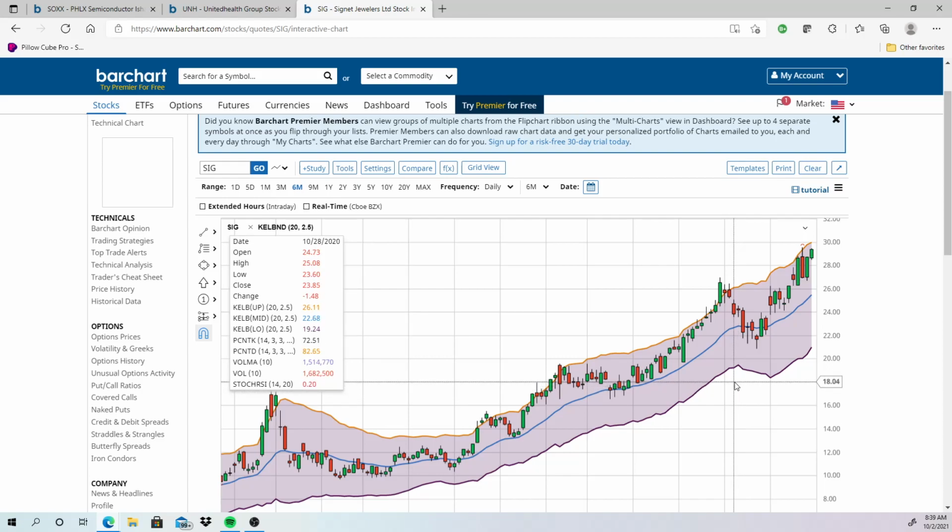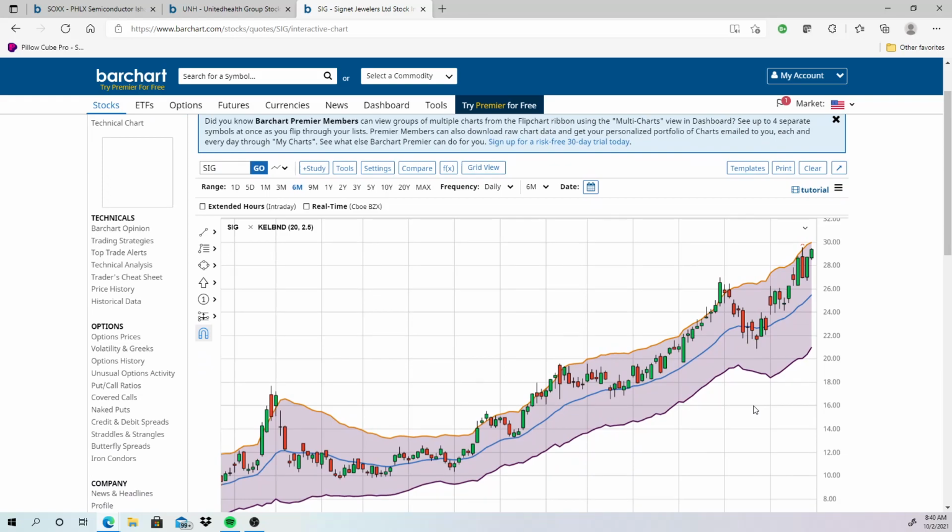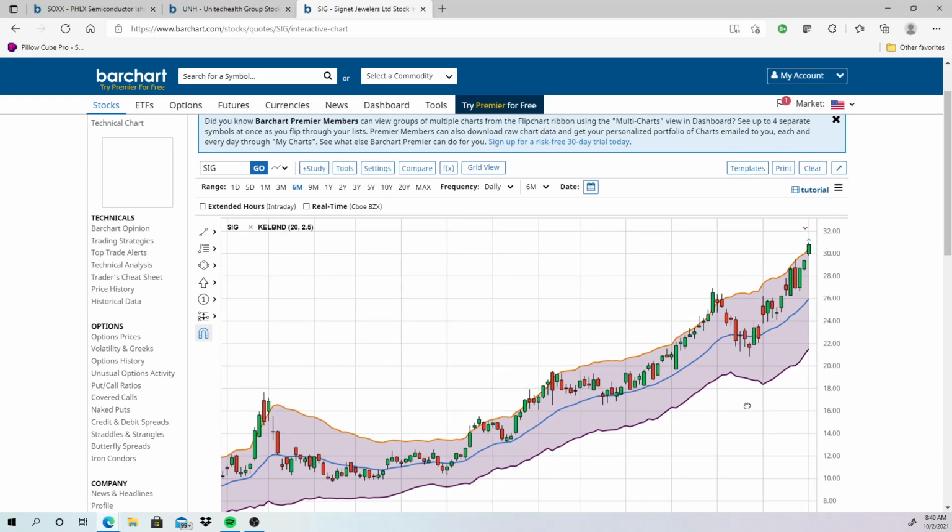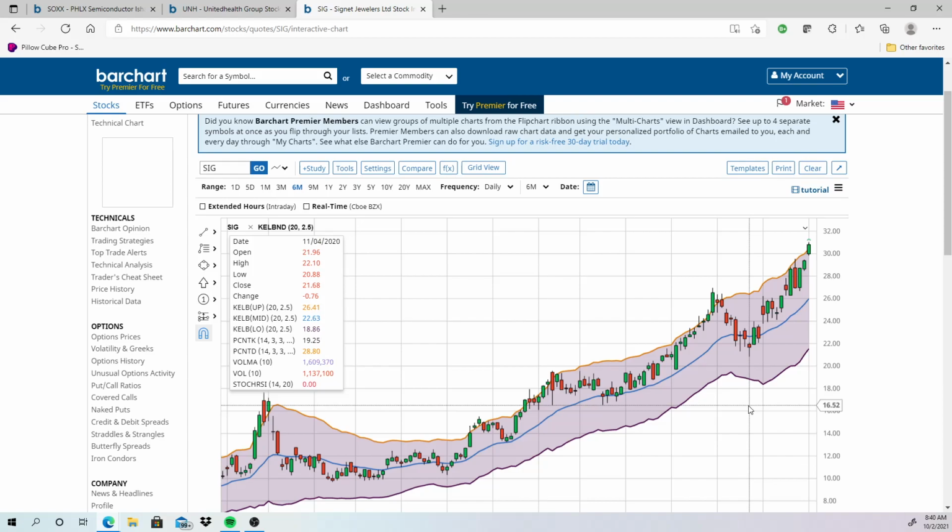If you've tripled your money, I wouldn't sell right now, but I would definitely tighten my stops. I don't want to give a lot of those gains away. 300%, whatever. That's a solid profit. And so yeah, we're breaking above the 30. So if we bought in at 10 initially, we're doing very well here.